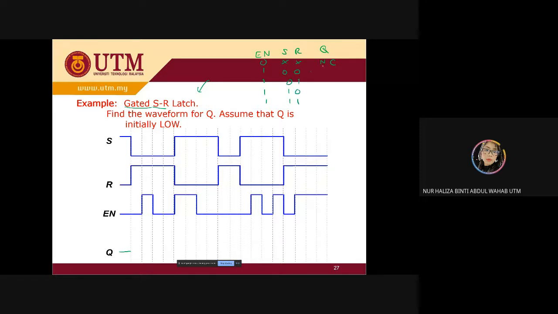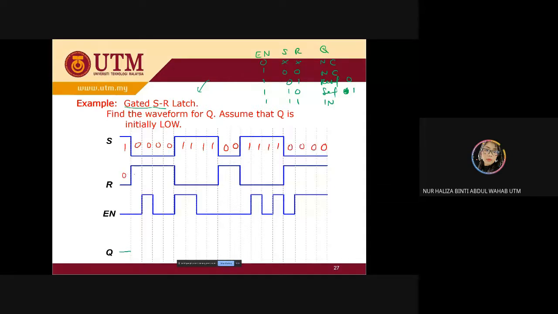This one will be no change, reset, set, and invalid. Okay, let me put the value. For S: 1, 0, 0, 0, 0, 1, 1, 1, 1, 0, 0, 1, 1, 1, 1, 0, 0, 0, 0.